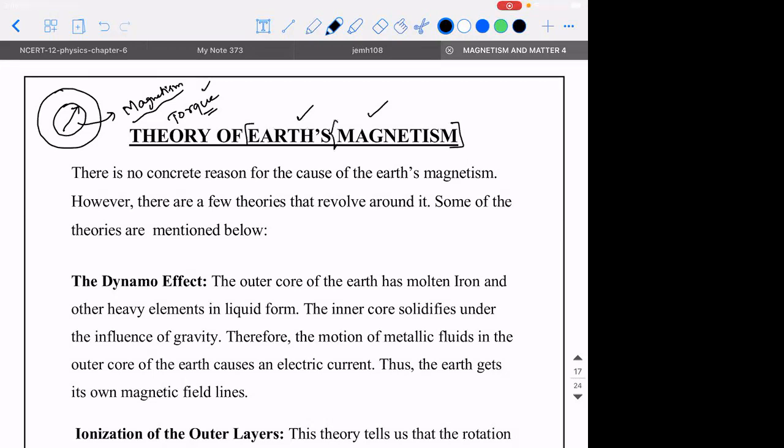I have told you multiple times, for natural magnetism or man-made artificial magnetism to exist, what is necessary? What is supposed to be ensured so that you can say that yes, magnetism will be present in this location? Guys, I've told this many times. That is the basic with which we started this chapter.